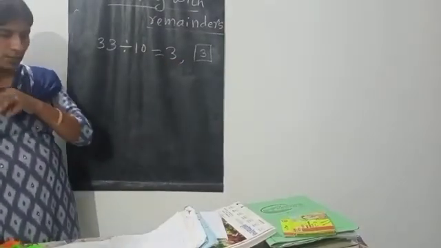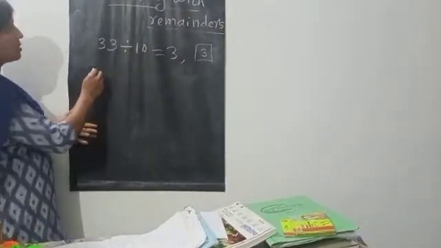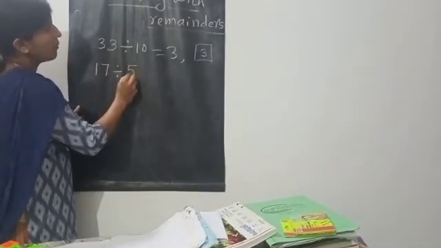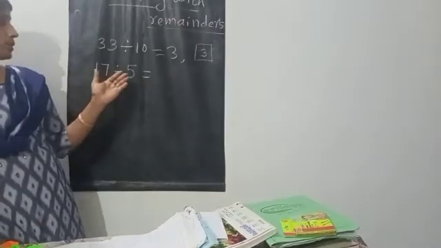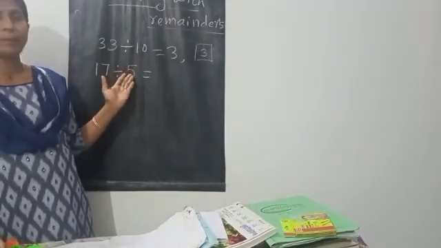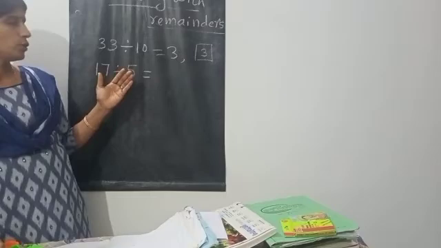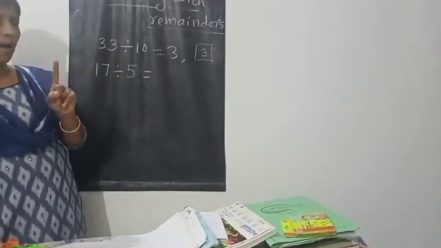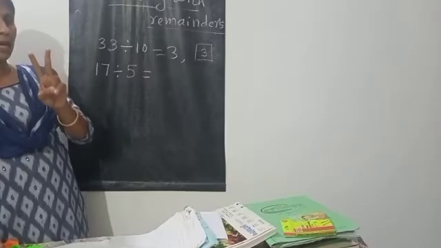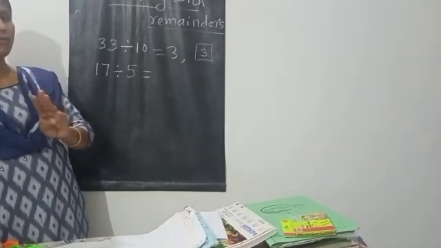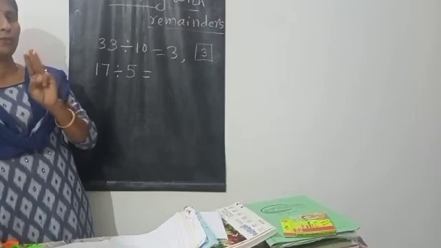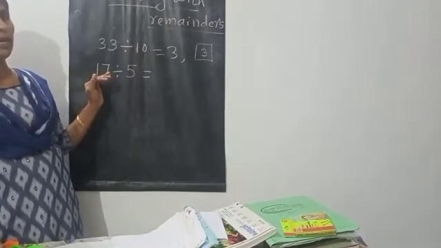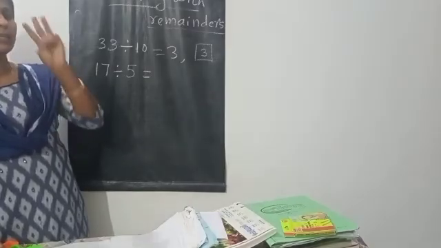Then we can try another one. 17 divided by 5. All of you have learned the multiplication table of 5. Now children, we can say it. 1 times 5 is 5. 2 times 5, 10. 3 times 5, 15. 4 times 5, 20. We don't have 20 here. So we can take 3 times.